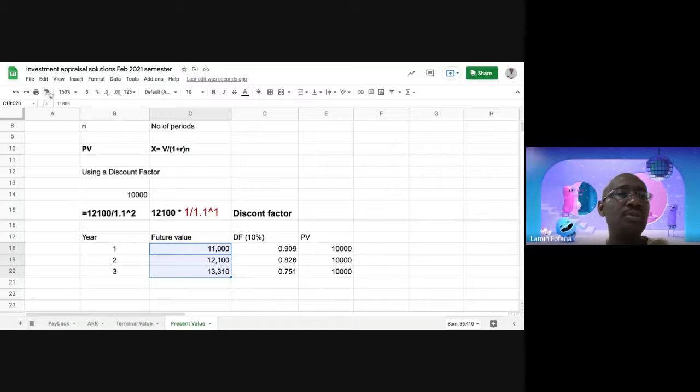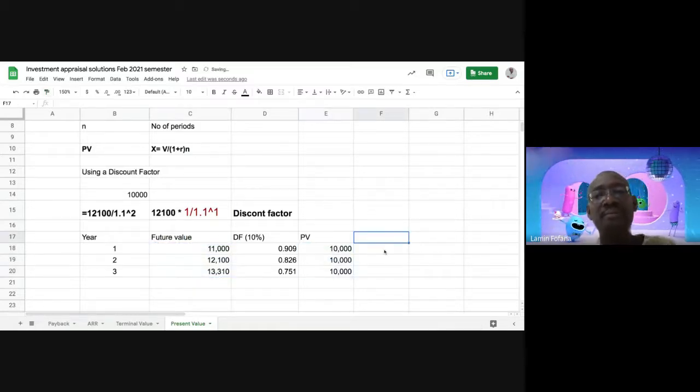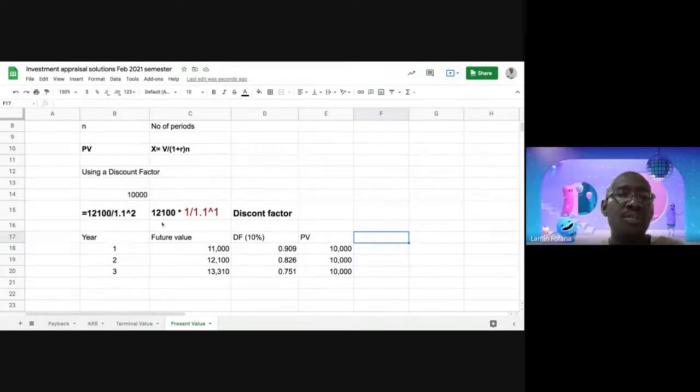Is this clear? It is. So from this formula, this is the PV multiplied by our discount factor, and we have our present value.